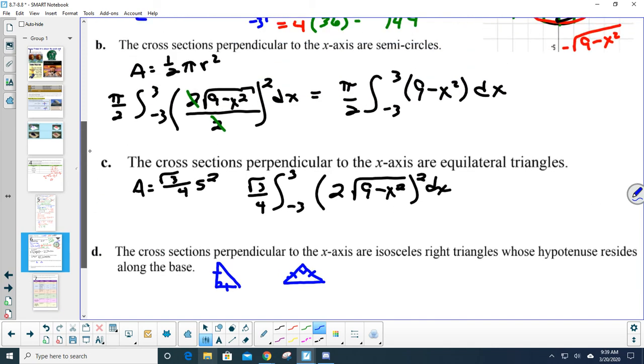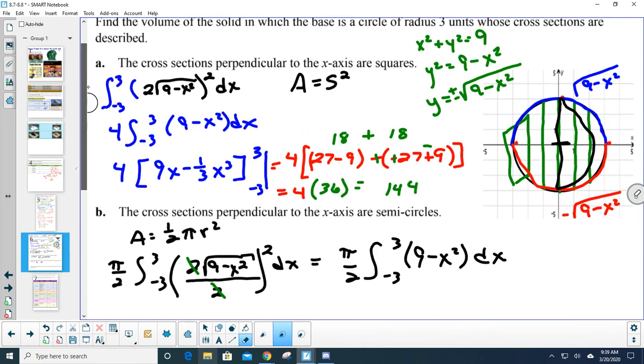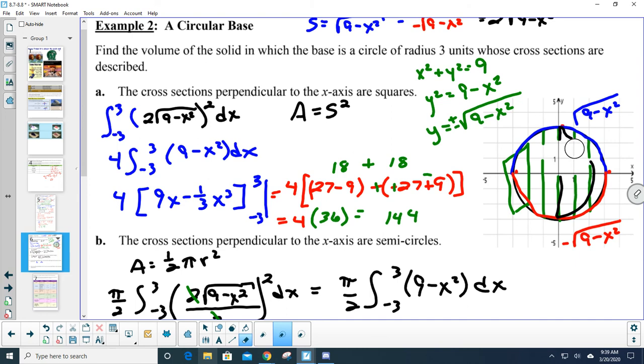So if we come up here and we look at our circle, what we're going to have in this circle now is the base is right here, those triangles, and the sides that are coming up at a point are equal to each other, and we have the right triangle there.